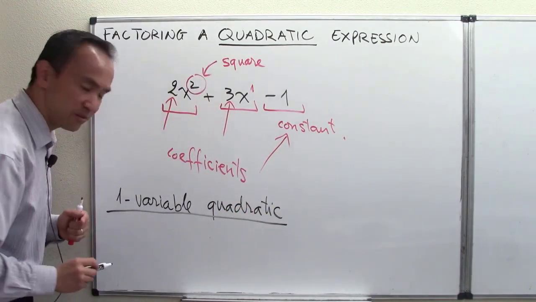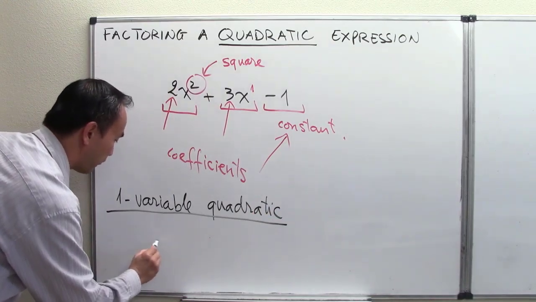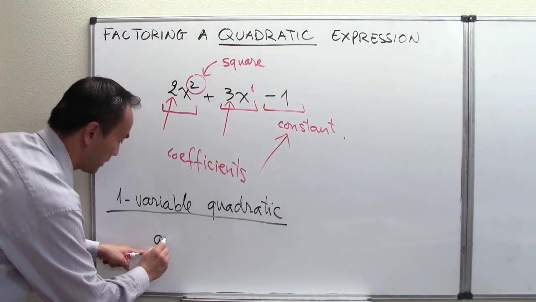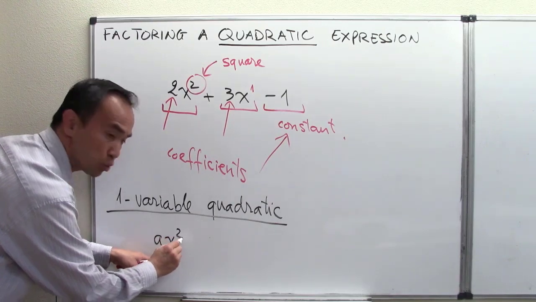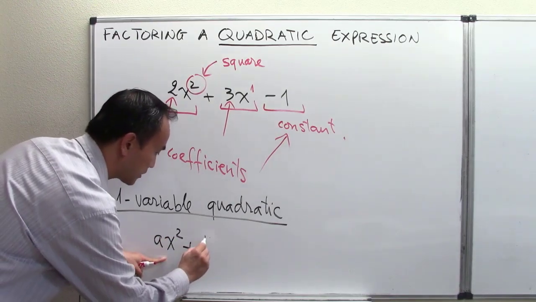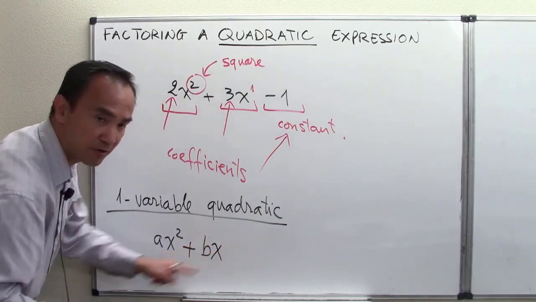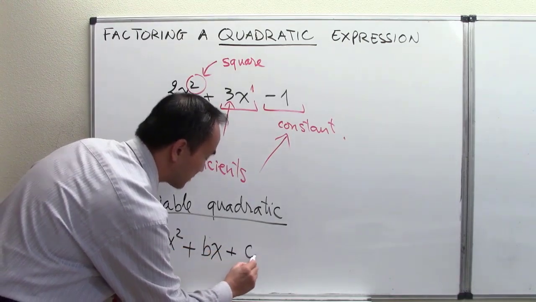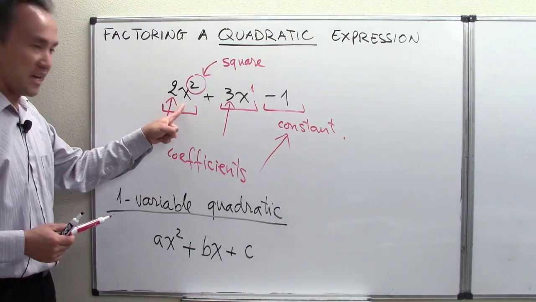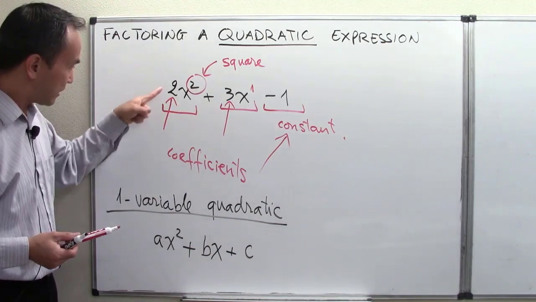A one variable quadratic is simply in the form of some coefficient a times your variable squared, plus some other coefficient times your variable to the first power, plus a constant term.